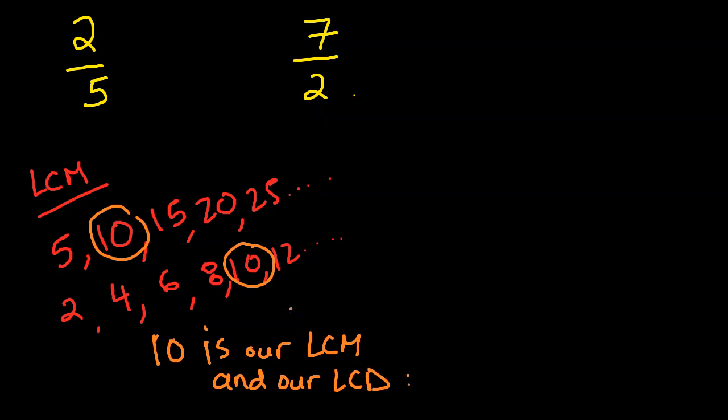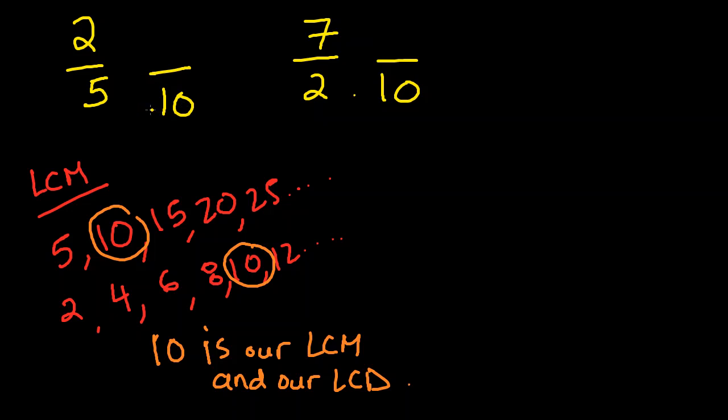So we found our lowest common denominator. What's the next step? We have to write both of these fractions in terms of our lowest common denominator, if we want to later subtract or add these two fractions. So we have to write both of these fractions with 10, because 10 is our lowest common denominator.